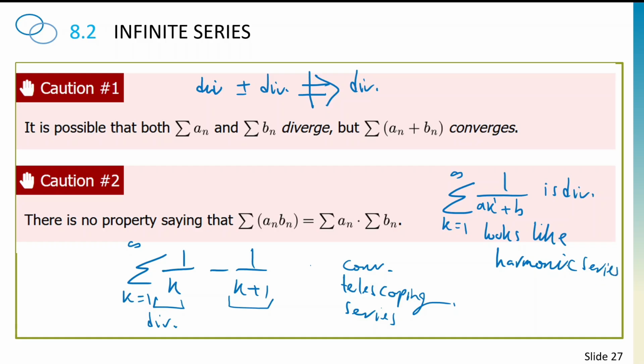Later on, when we take more tests, I'll show you how to prove that this is divergent, but it looks like the harmonic series. So now I know that these two are divergent, and yet their subtraction was convergent. So this is a good counter example to show that divergent plus or minus divergent doesn't mean divergent, okay?